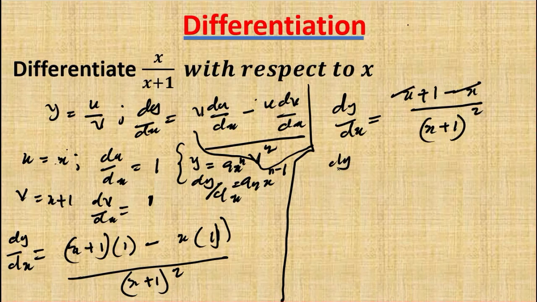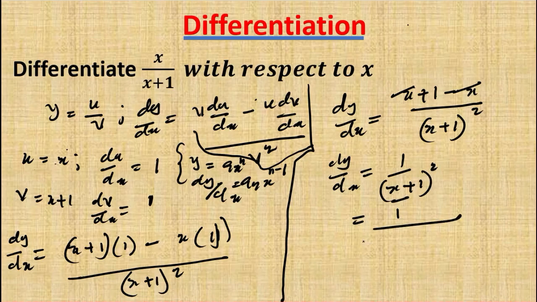So that dy dx will be the same thing as 1 over x plus 1 all squared. You can decide to expand this, so that will become 1 all over x squared plus 2x plus 1. With this, I hope you understand how I went about using the quotient rule to differentiate this expression.